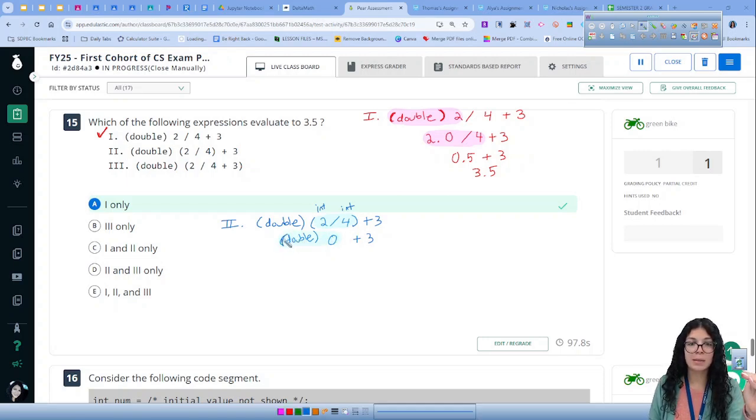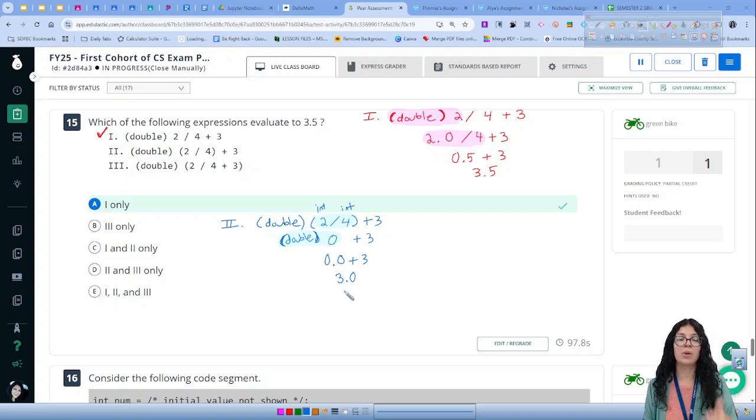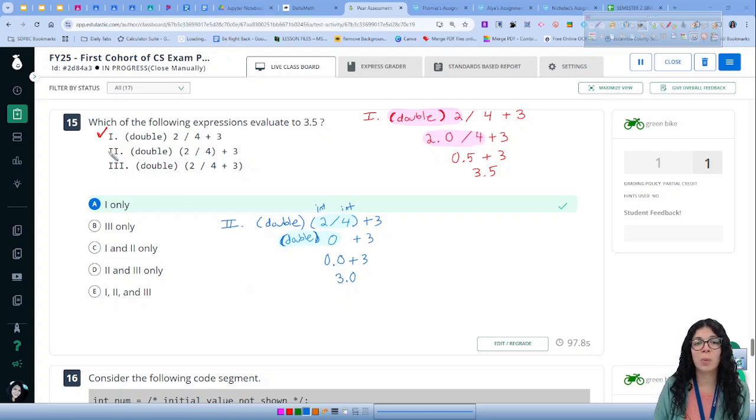If I typecast 0 to a double, that'll make it 0.0. And then the last step, addition, would end up being 3.0, because whenever you have a double in the mix, the result will be a double. So this one did not give me 3.5. The second one was actually 3.0, which is not what we're looking for.